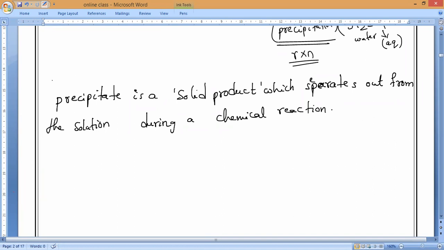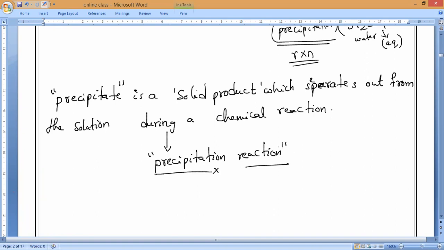That is what we call a precipitate, and this reaction is known as a precipitation reaction. It is one type of reaction which we will study later in this chapter. You can just write it as known as precipitation reaction. Clear, everybody? Now can we study the example?